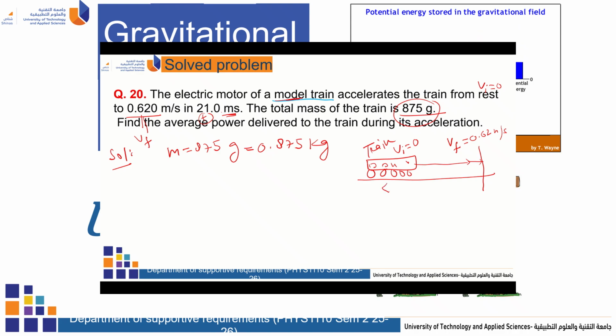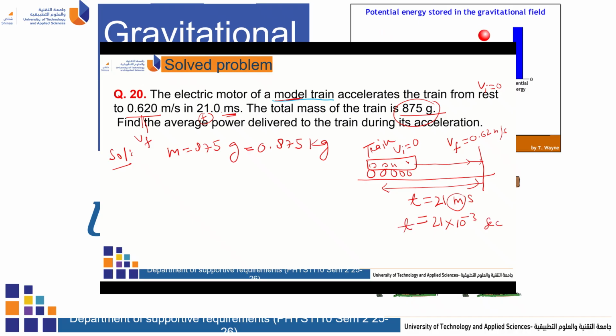From this point to this point, the train has taken a time of 21 milliseconds. Milliseconds you cannot use, so you need to change the milli, that is 10 to the power minus 3, so this will be in seconds.